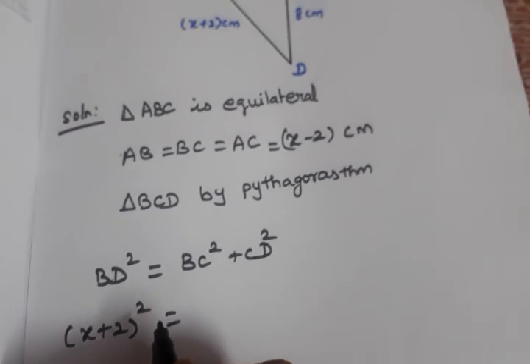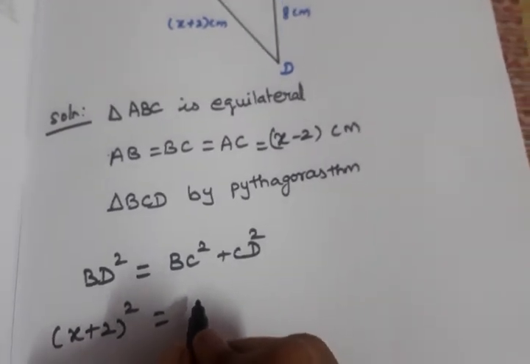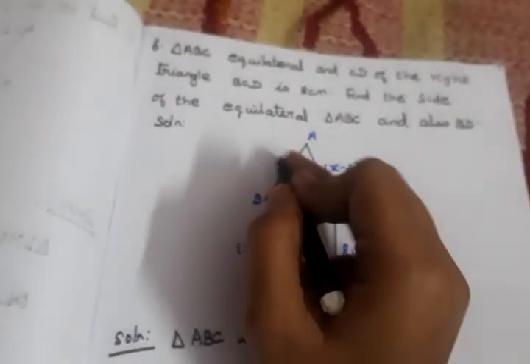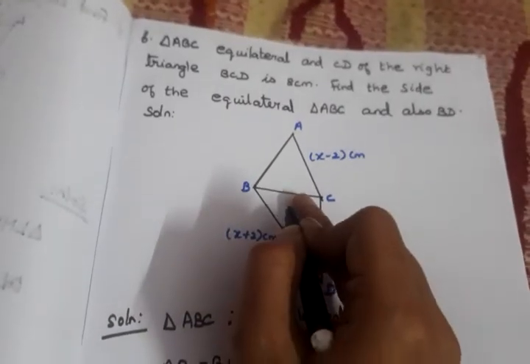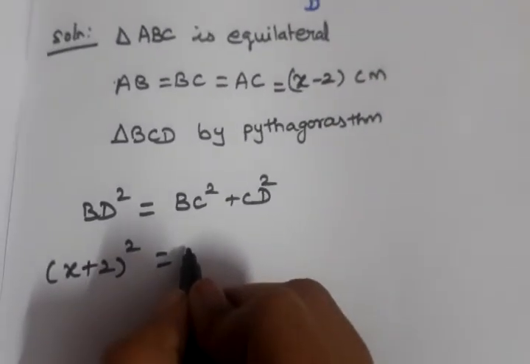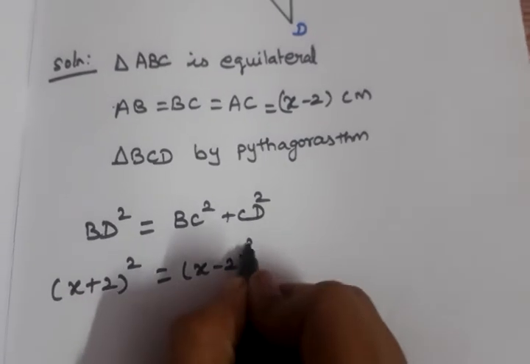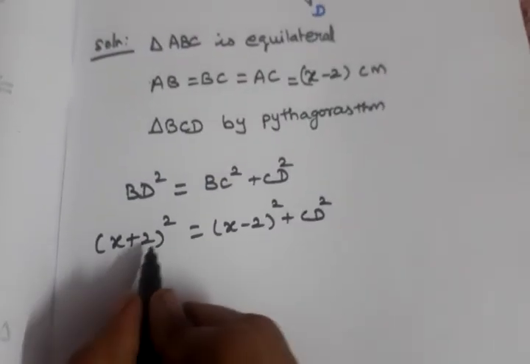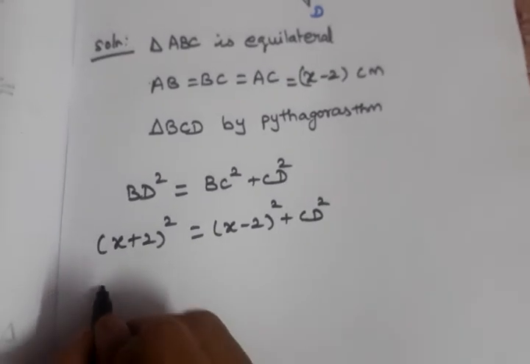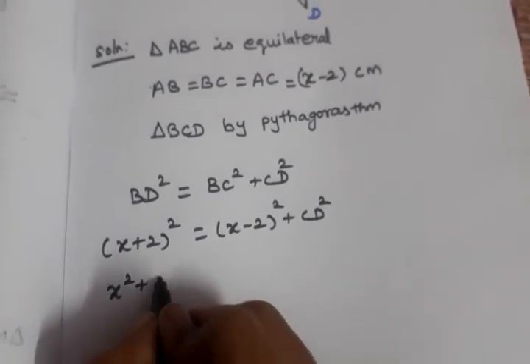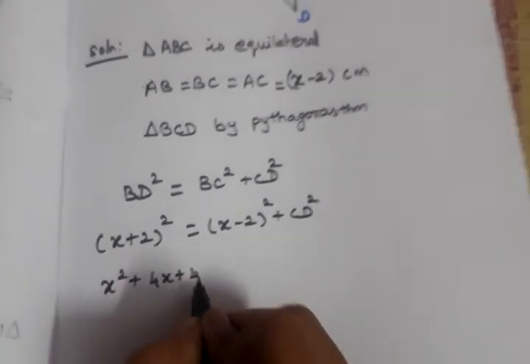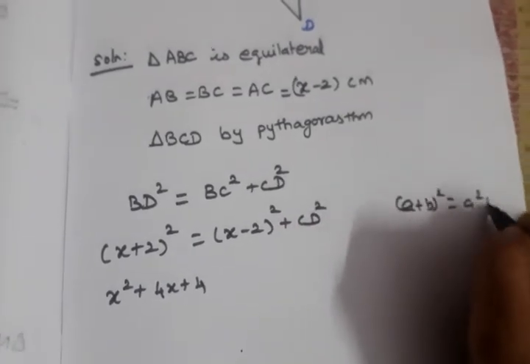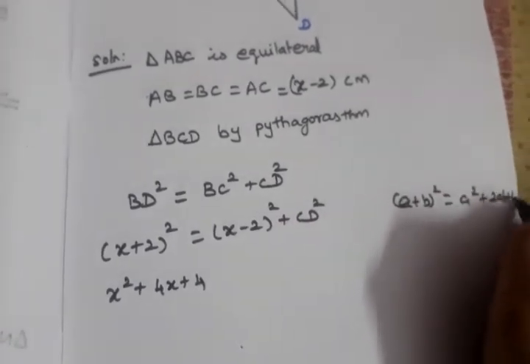So this side is x minus 2 and this side is also x minus 2. So x minus 2 whole square plus CD square. Then next, x plus 2 the whole square means a plus b the whole square. So a plus b the whole square equal to a square plus 2ab plus b square.